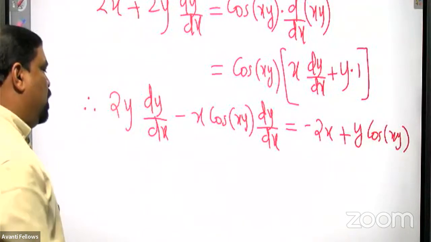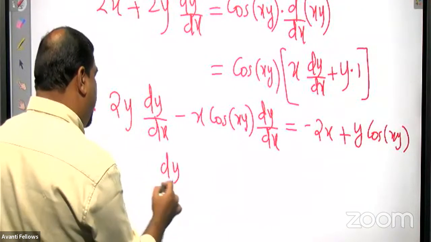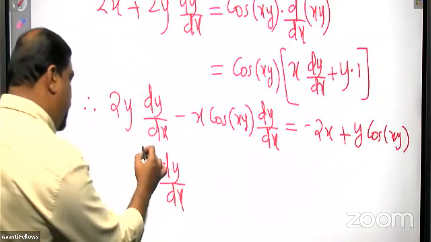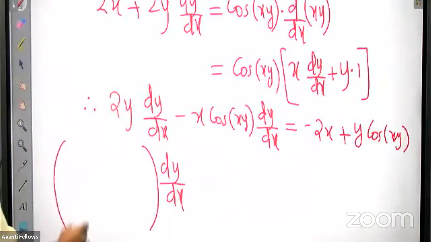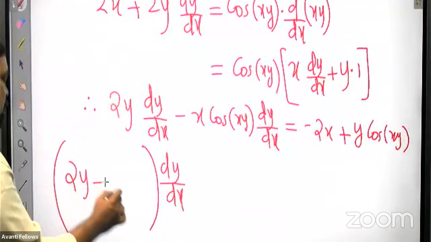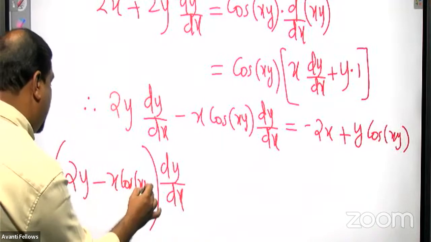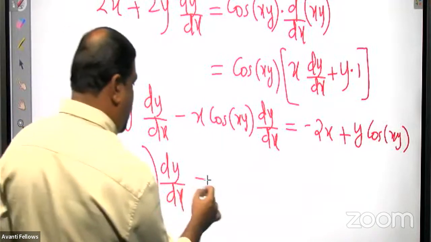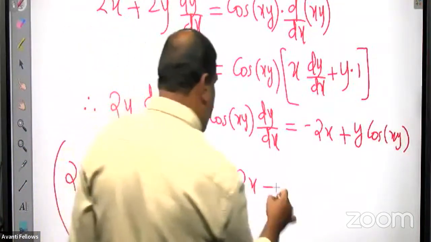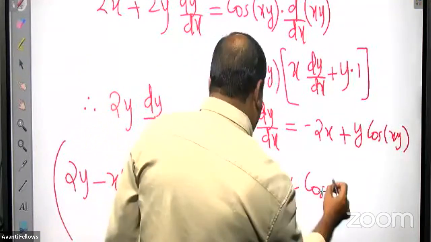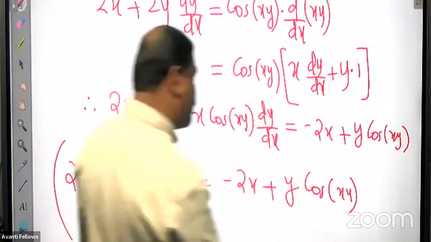The remaining thing is very simple: just take dy by dx outside. Inside the bracket we get 2y minus x cos of xy, equal to the right side as it is, minus 2x minus y cos of xy.